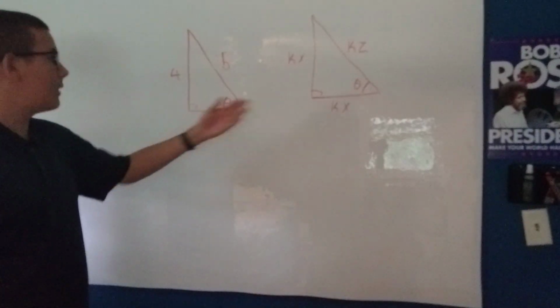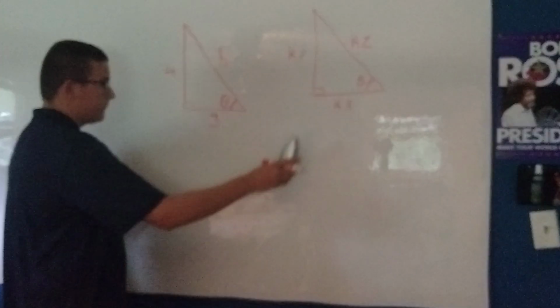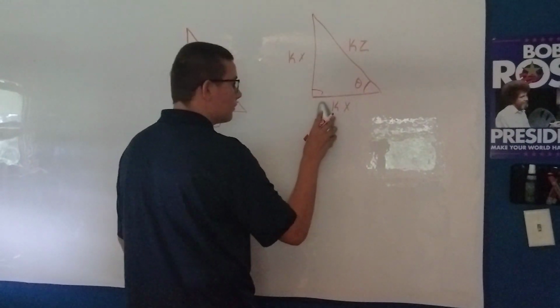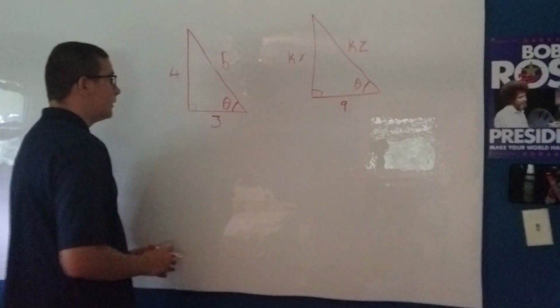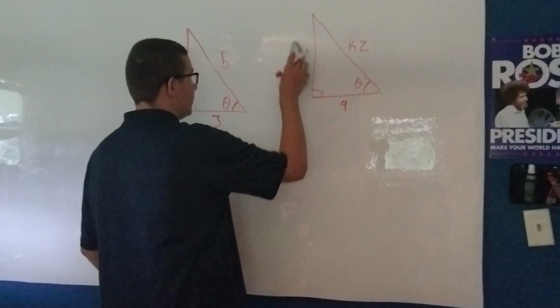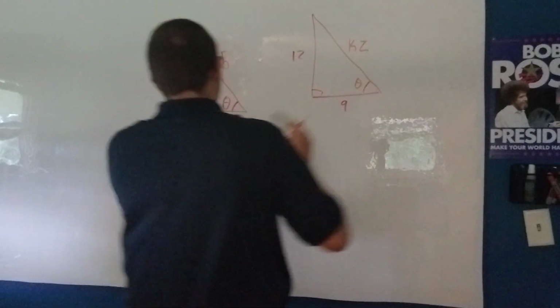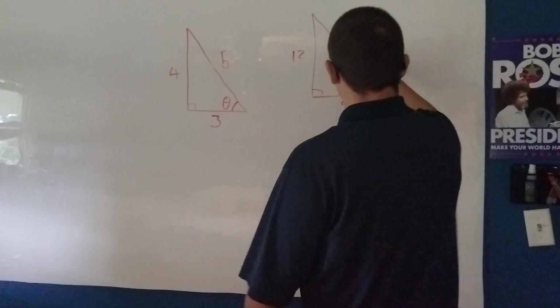And what if we triple this triangle? Triple all the lengths. So multiply by 3. If k equals 3, 3 times 3 is 9. 4 times 3 is 12. And 3 times 5 is 15.